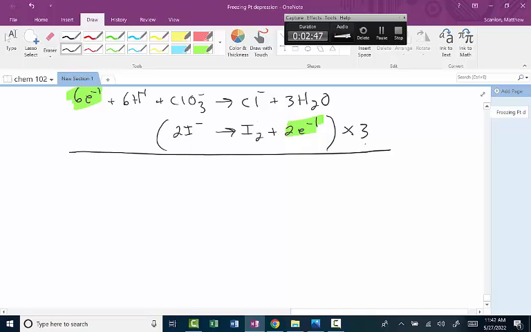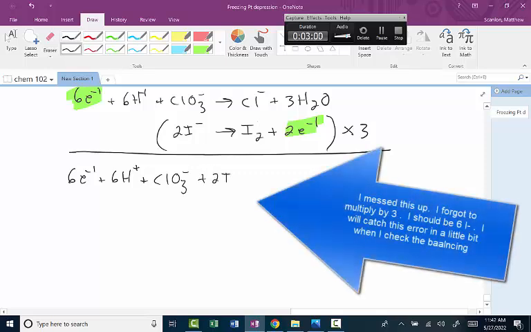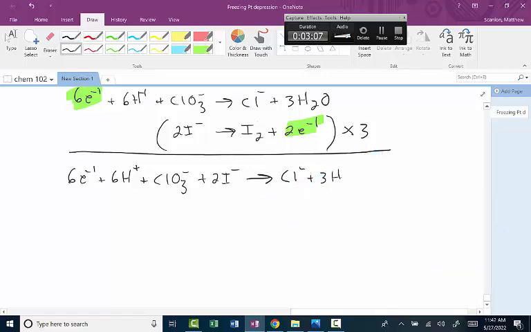And so when I add these together, I get 6 electrons from the top plus 6H plus ClO3 minus, and then on the bottom plus 2I minus. There's my equal sign. And I get from the top Cl minus plus 3H2O plus on the bottom, from the bottom reaction, I2 plus 6 electrons. And my electrons cancel.